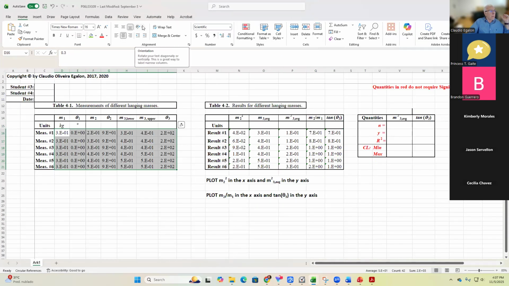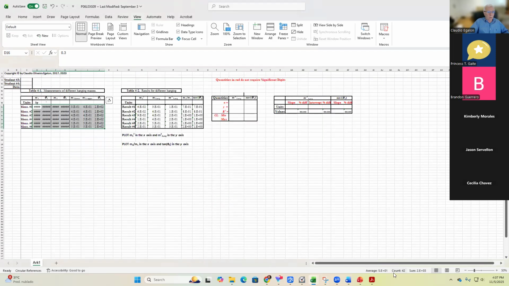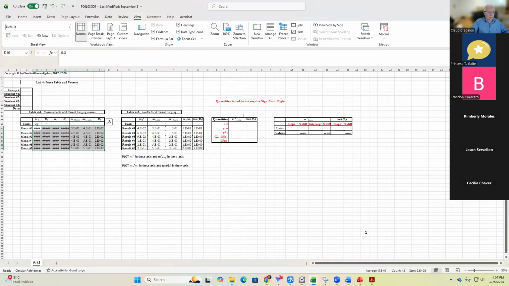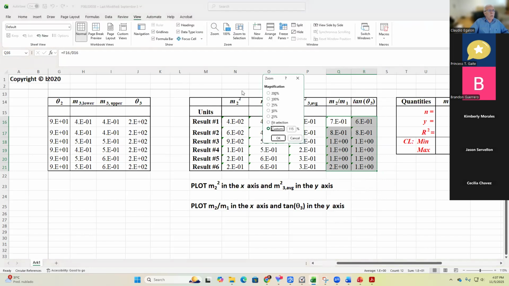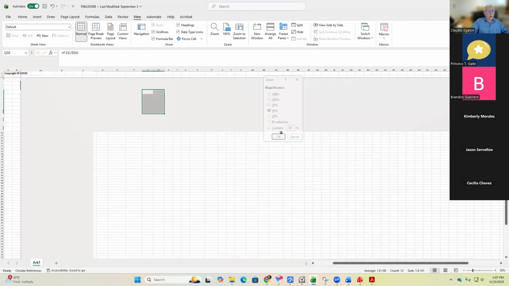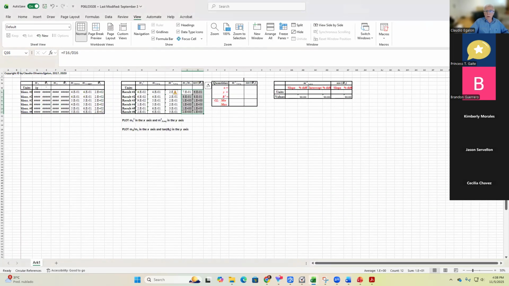Okay, so view. Let's zoom out. Yeah, doesn't look like we have anything here. Okay, this one is good. Zoom out, 50%. This one seems to be good as well.